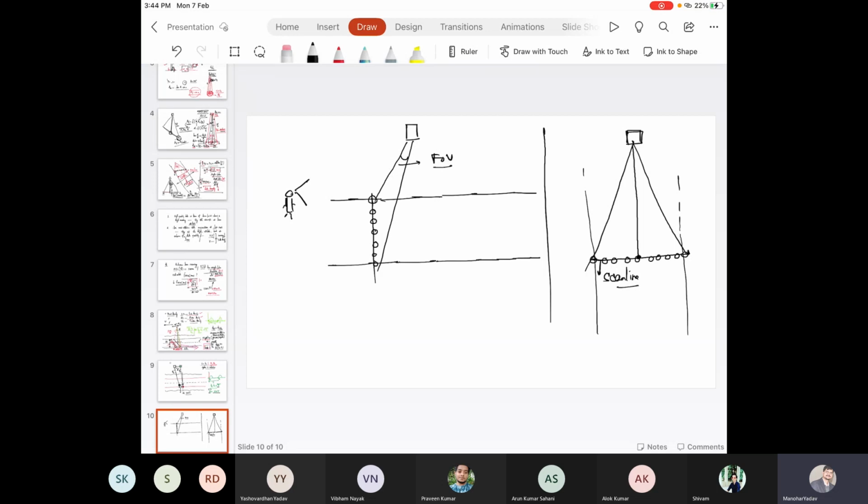This is the nadir position, directly perpendicular to the sensor. It provides you the height of the flying aircraft. This is FOV. I'm using the symbol theta for this.